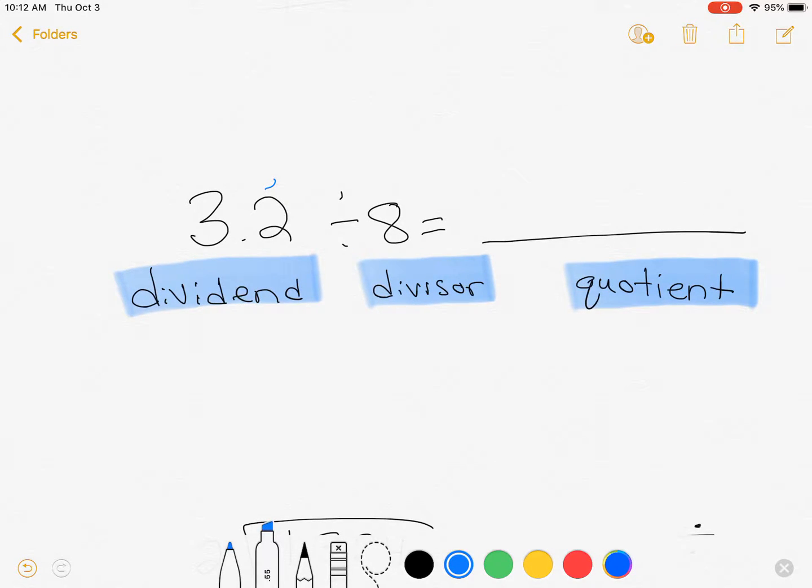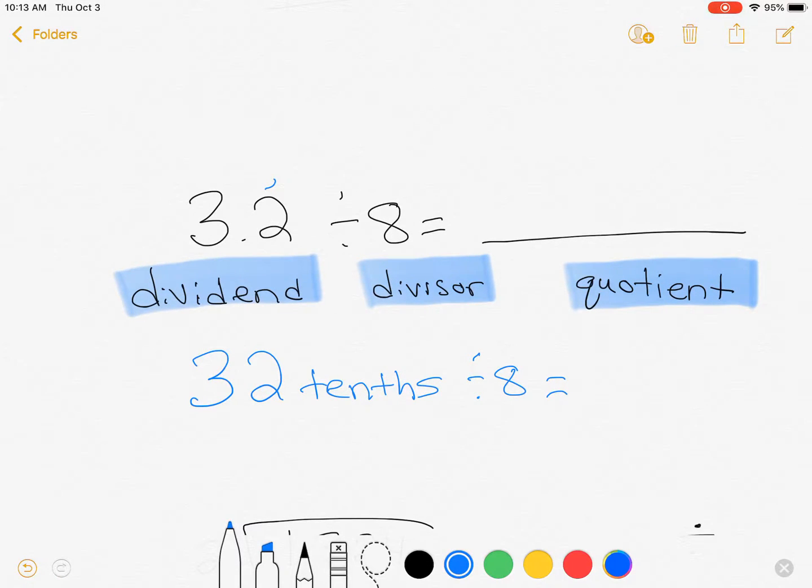Okay? We could use the standard algorithm, but what's like a shortcut way? Into that unit form. So we can change 3 and 2/10 to how many tenths? 32 tenths divided by 8. So we can do that in our head.